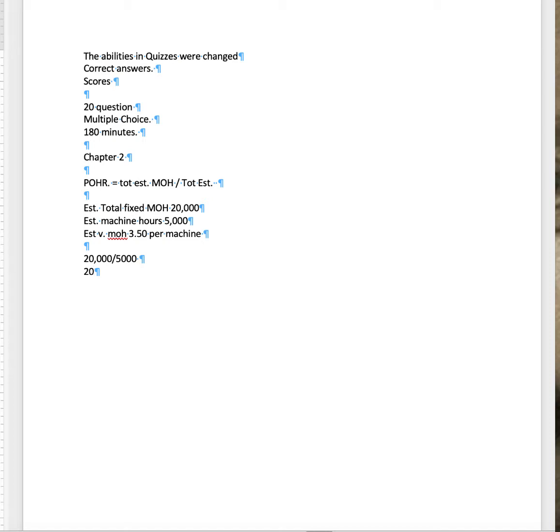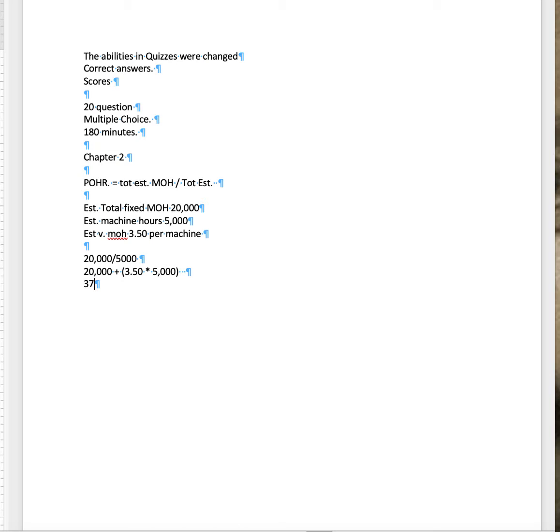Very easy. You take 20,000 plus the variable portion of $3.50 per unit times the 5,000 estimated machine hours. So now, based on that information, your total manufacturing overhead is $3.50 times 5,000, which is $17,500, plus your 20,000, which is $37,500.